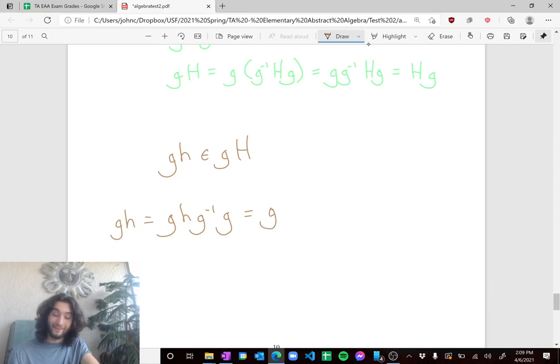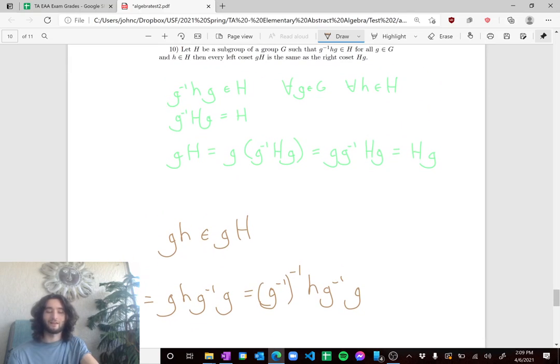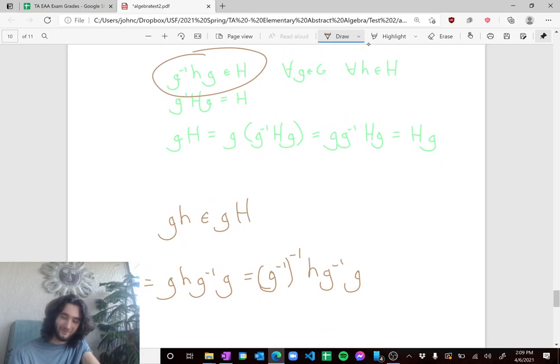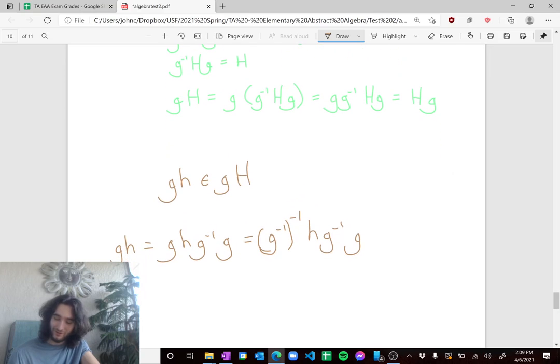And then you look at it like this: g inverse h g inverse g. And then you say, well, look, aha, that meets this definition. It's the inverse of something in G times h times that thing in G. It's just in this case that's g inverse, which is kind of wacky, but that's totally legit, totally legit.